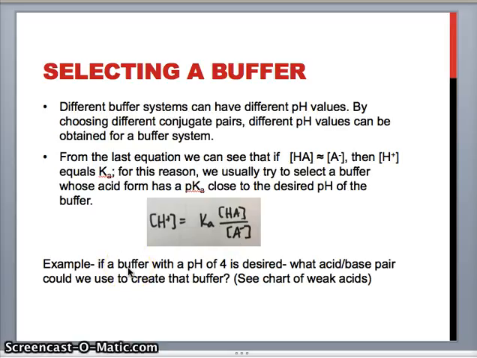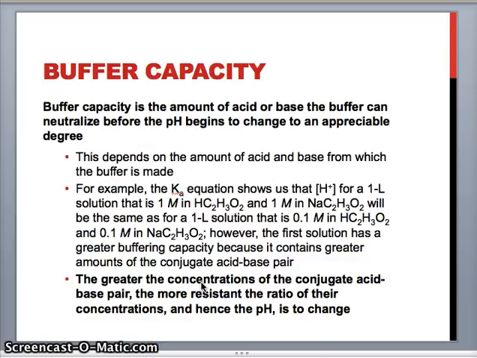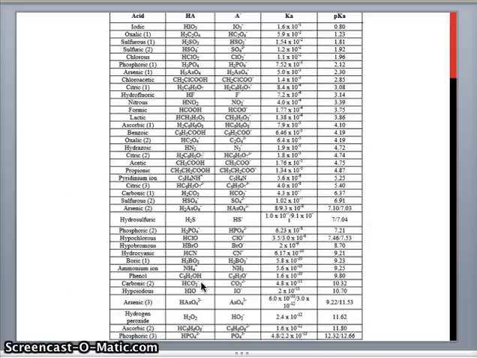So for example, if we wanted to make a buffer with a pH of 4, let's look at this chart of all these different weak acids. There's a ton of them, and this lists the acid name, what the actual acid formula is, what the conjugate base is, and the Ka value, and then the pKa value. Once again, that pKa is just the negative log of that value. So if we want a buffer with a pH of 4, we want to look in here.